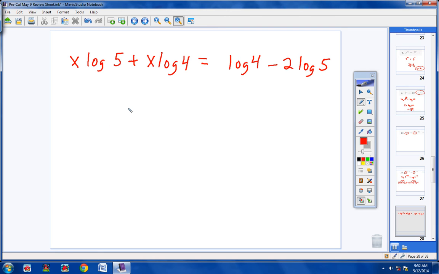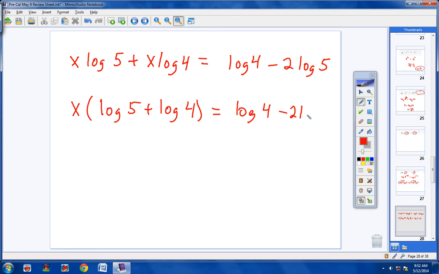Okay, now the reason we did that is we're going to factor out our x. So I'm going to factor out my x, and I'm left with logarithm of 5. We always factor out. That's why you want to get all your x terms on one side, so you can factor out your x. And now I'm not going to write this, but you understand you would divide both sides by this here.